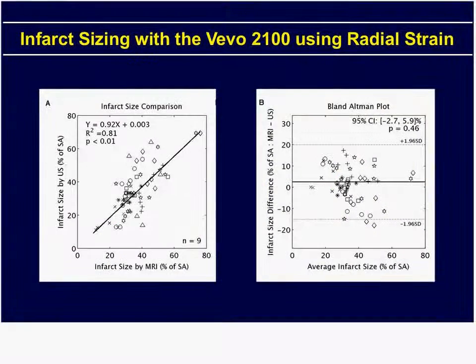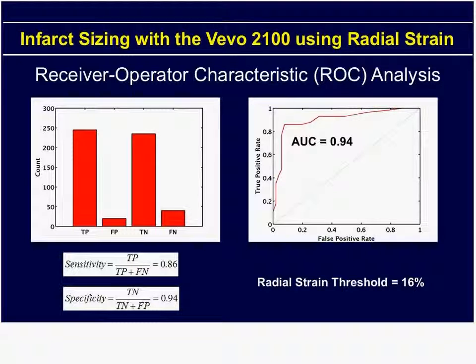I might add, in follow-up to that question, that this radial strain cutoff of 6% determined in this study is good for our mice at this age under these conditions.